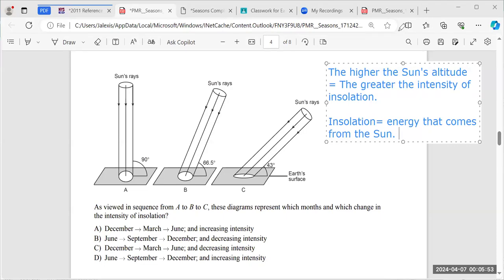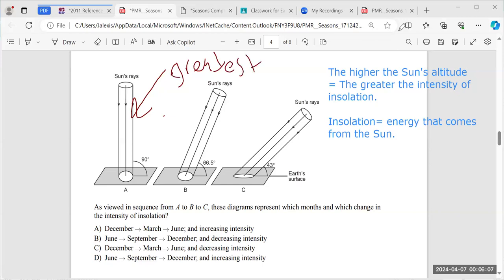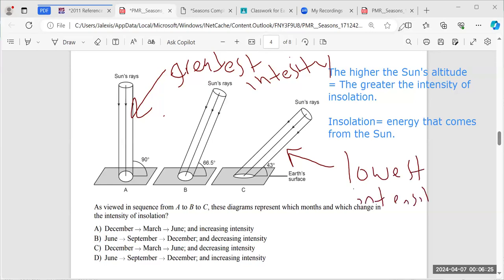So now that I know the relationship, I know that at A, I get the greatest intensity, and at C, I get the lowest intensity of insolation from the sun.